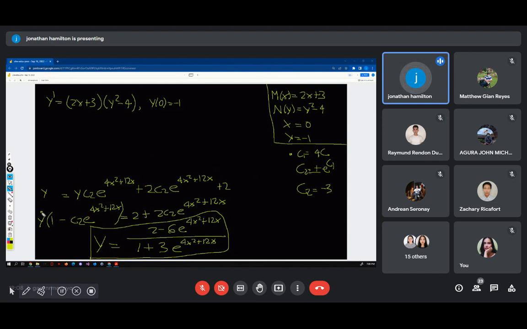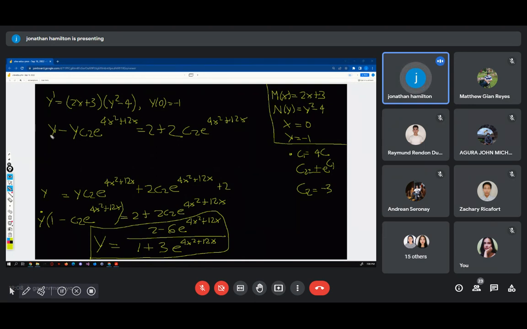So, before mo arrive ta sa aning equation, we could say na this is y minus y c2 e raised to 4x squared plus 12x is equal to 2 plus 2 c2e raised to 4x squared plus 12x.